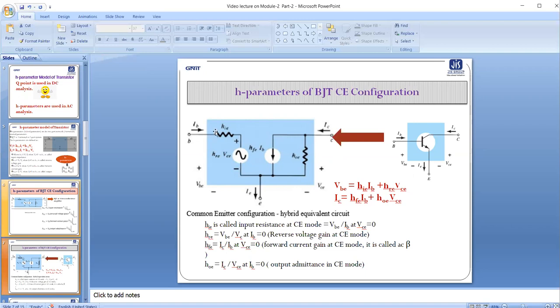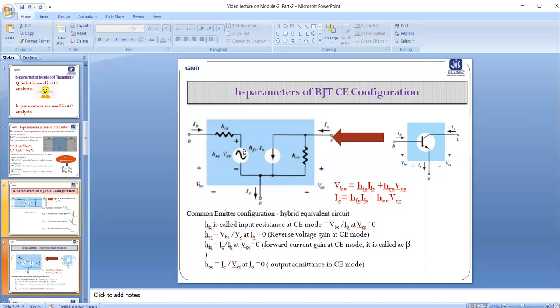Then after this terminal, there should be some input impedance. The generalized form presentation is hi, but as it is a common emitter, the true symbol will be hie. This suffix e denotes the common emitter. Next, there is a voltage source.